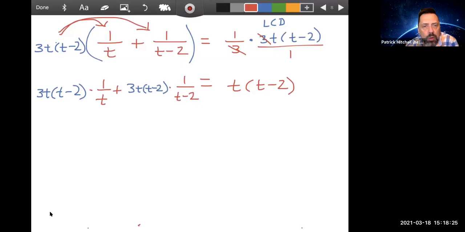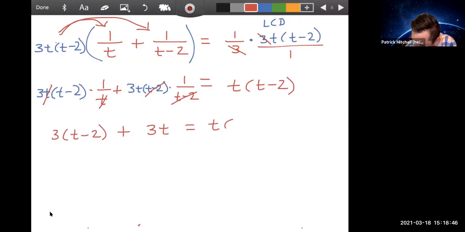All right, so in that first term, the t's are going to cancel, t and this t. And in the second term, the t minus 2's are going to cancel. And I am going to be left with 3 times t minus 2 plus 3t. And then over on the other side, I have t times t minus 2.